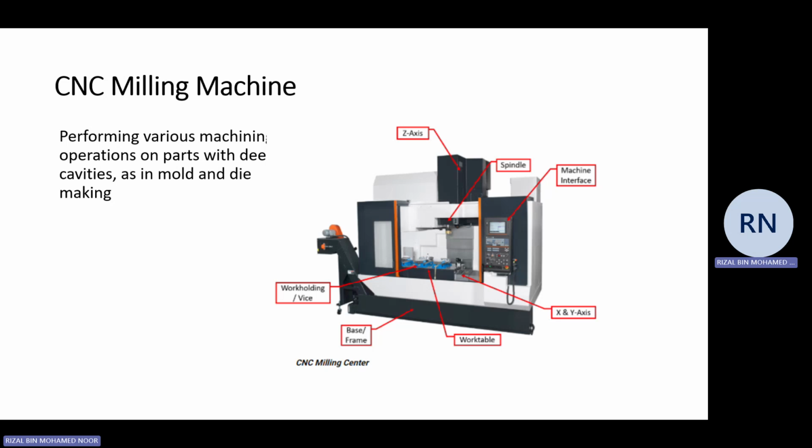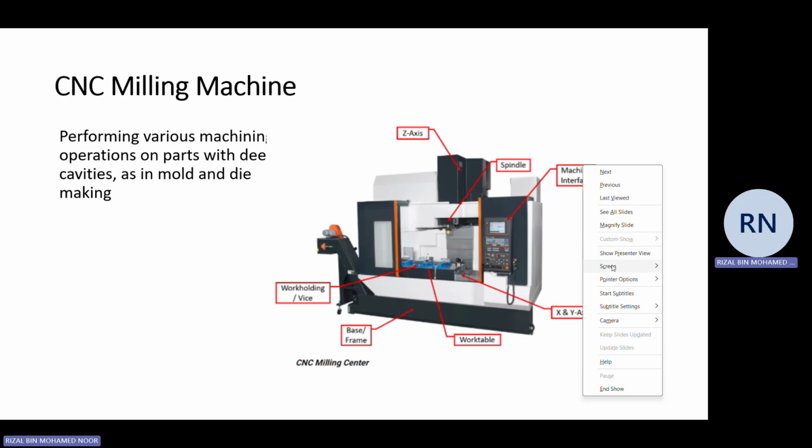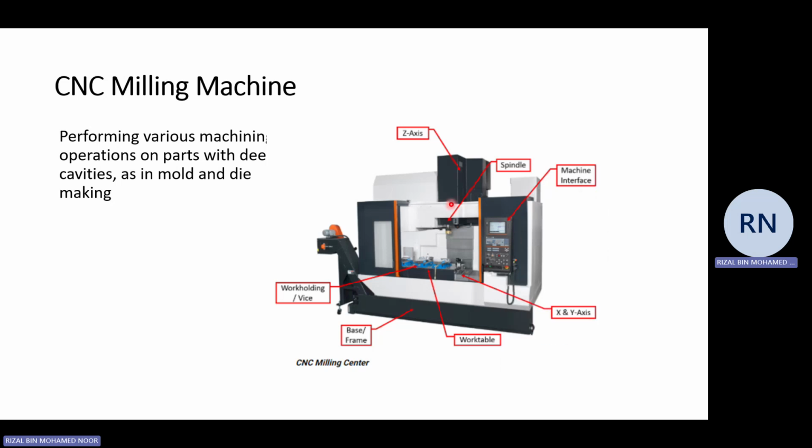So for the construction of the CNC machine, we have the major components as you can see here. The first one is your machine interface, which is the brain of the machine. Then we have a spindle unit, we have the axis system, X, Y, and Z. And then we have a work holding system, which you can position on top of the work table.